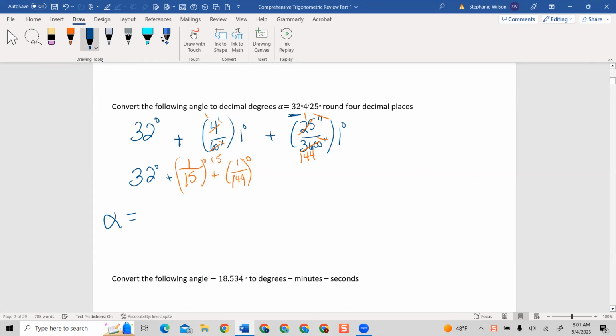So alpha is going to give me, and we're going to round, so I'm going to have an approximation. Right now it's equal to, but when we put it all together, it's going to be an approximation. Plus I have that 1/15 gives me a yucky looking decimal. So let's add it all together, okay?